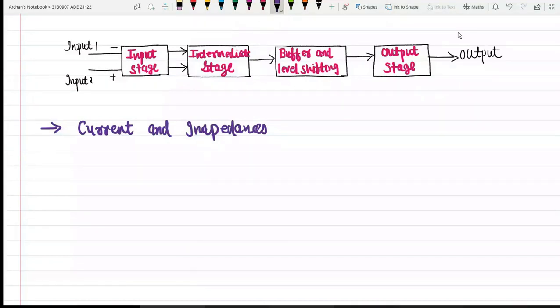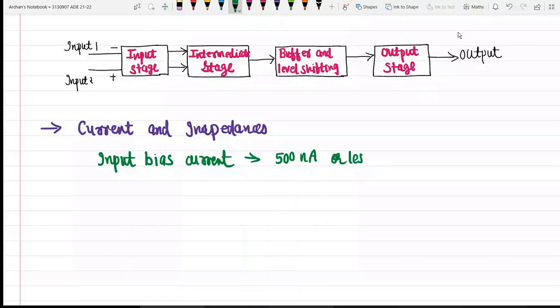Okay, so we have this term, input bias current. Okay, and the typical value of this DC input current is of the order of 500 nanoampere or less than that.